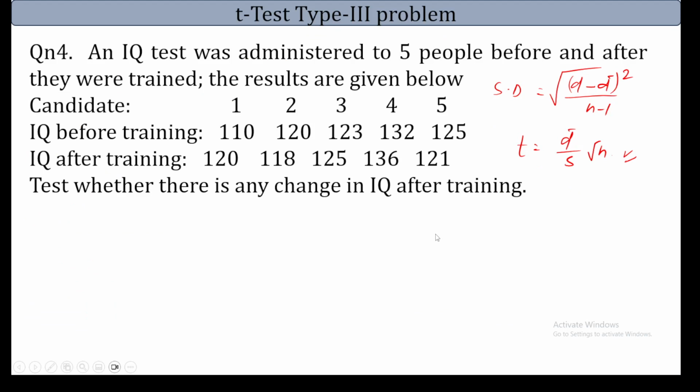If there is any decrease, then we have to consider minus, like in the second candidate, the IQ is decreased. Should we consider 2 or minus 2 in this case? The minus difference. Anyway, overall, if you're going to get the t, it will be positive only.